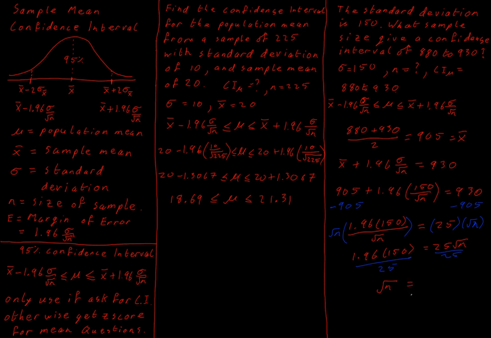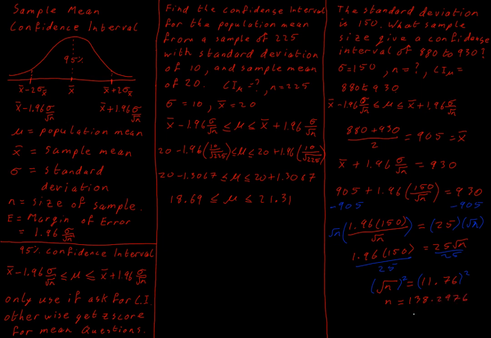is equal to 11.76. Now I don't want to know root n, I want to know n. So we're going to square both sides. I get n is equal to 138.2976.